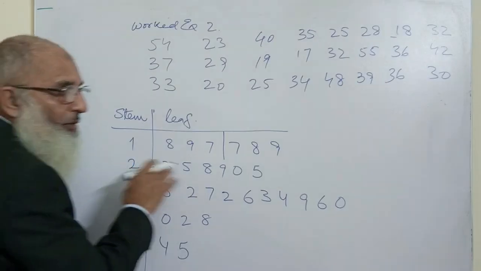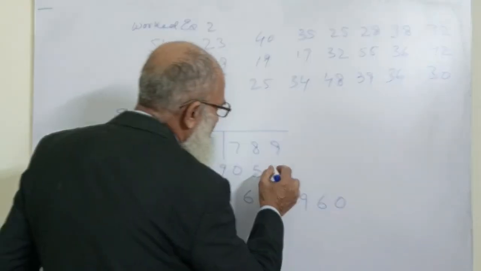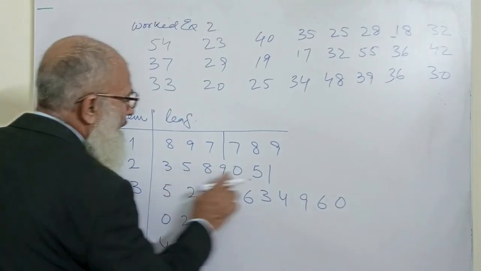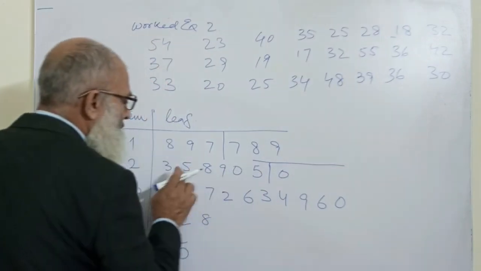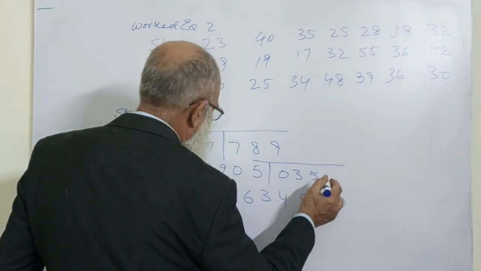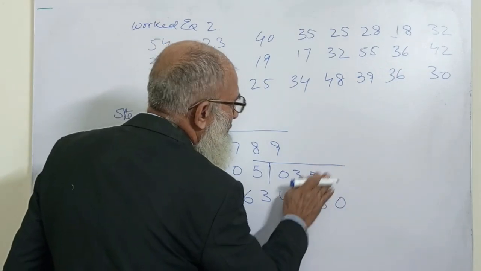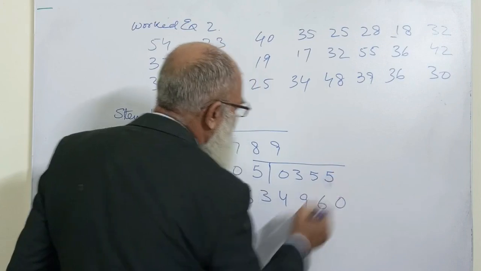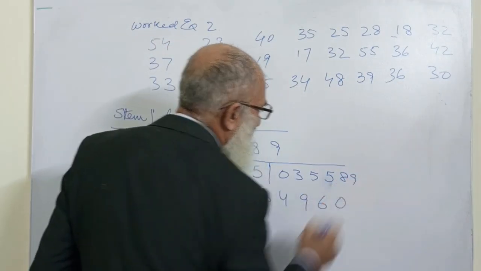Suppose you have drawn another like this. Now this can be written as 0, 0, 3, 5, 8, 5. There are 2 5s. So you have to write both of them, 8 and 9.